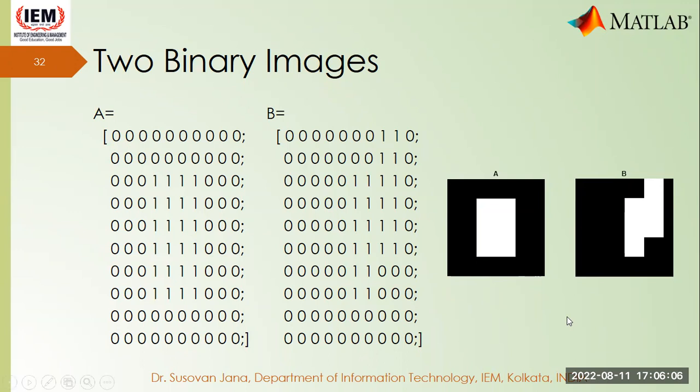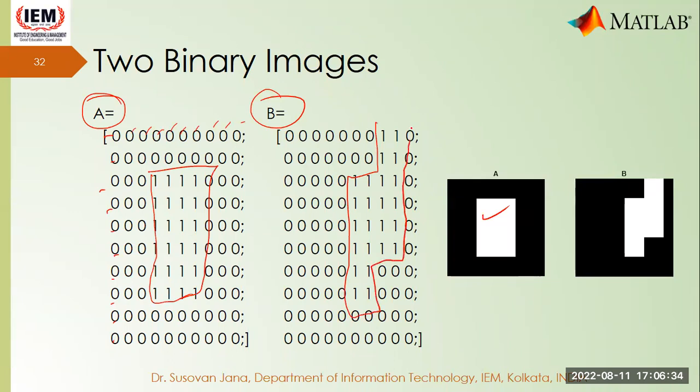I have this image A and this image B. Here you can see this is 1, 2, 3, 4, 5, 6, 7, 8, 9, 10, 10 cross 10 image. So you can see the pixel intensity is 1, that is, these are white. This is the white part, and here you can see the white part in B image. The same looks accordingly. So these are two input images.